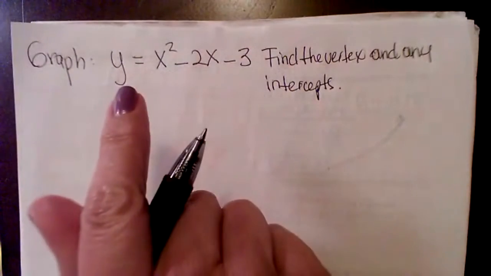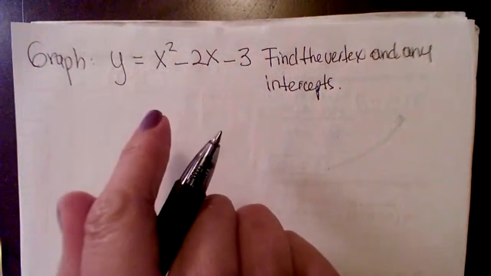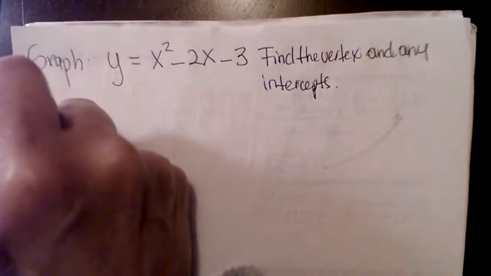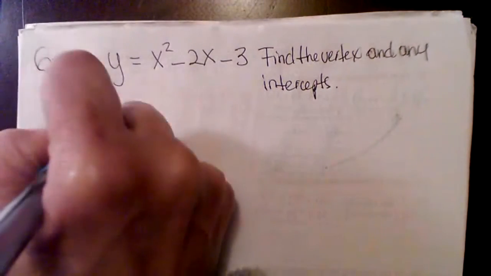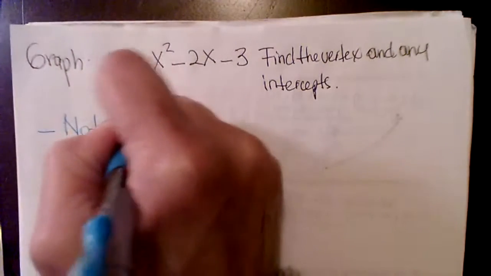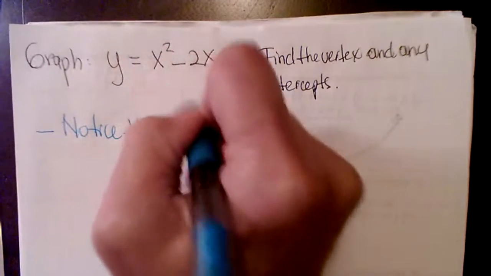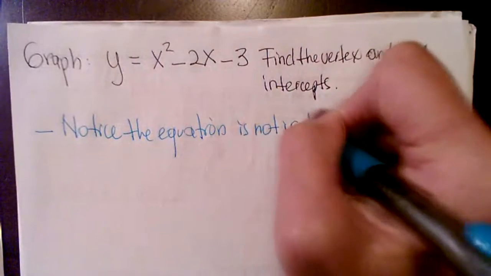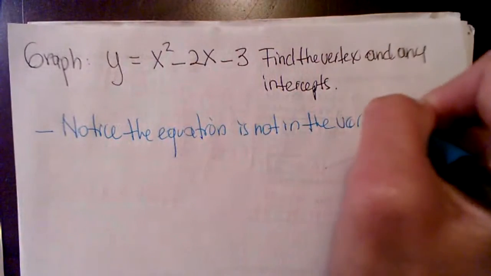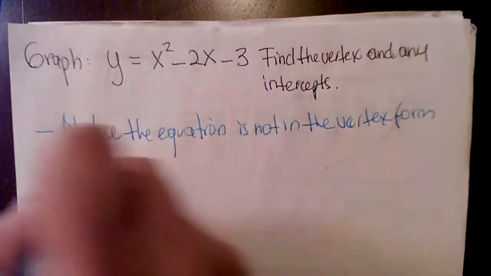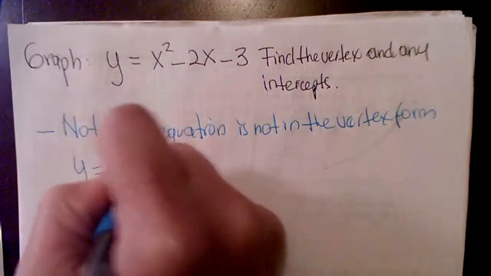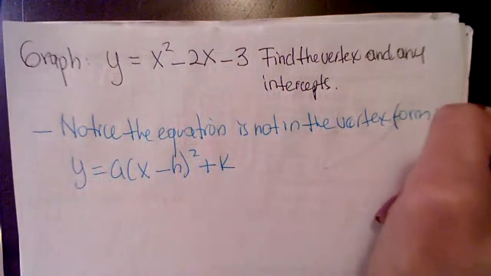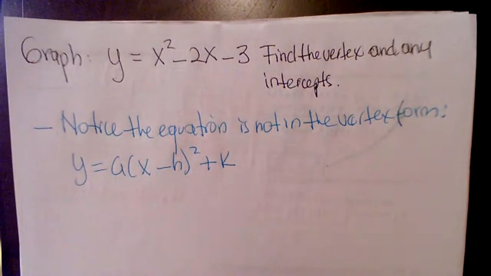First, notice that the equation is not in the vertex form, which is this one. The first thing we have to notice is that the equation is not in this form.